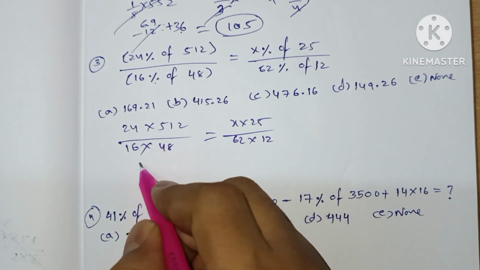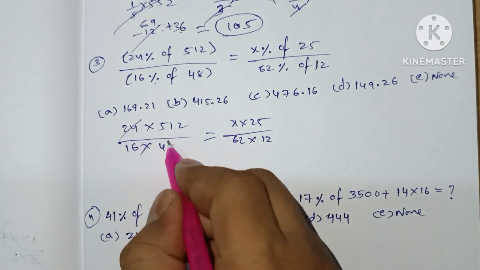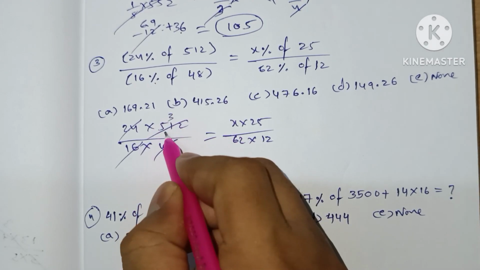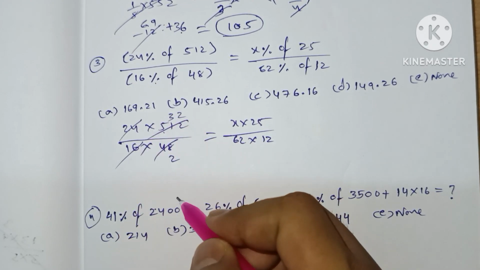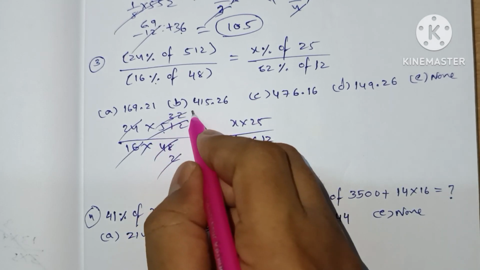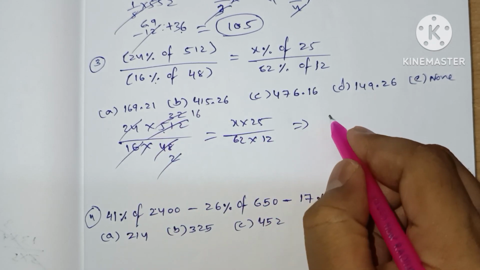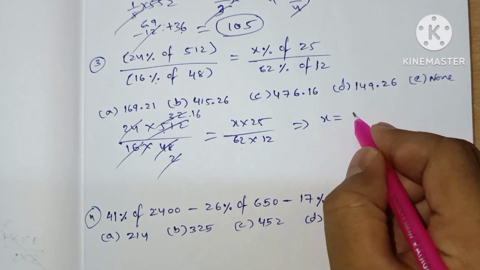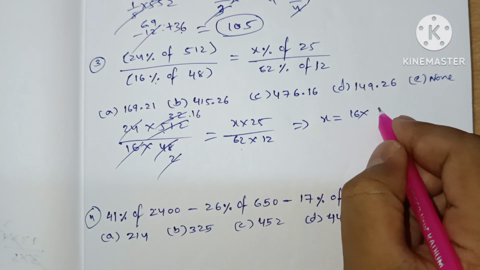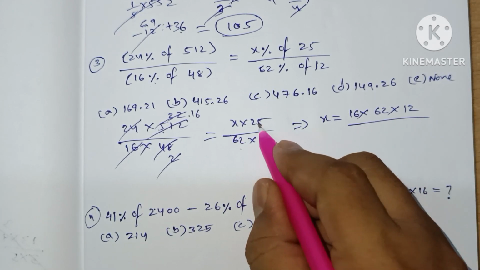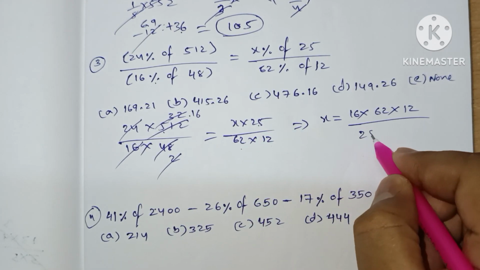Now 24, 2 times 16, 3 times 48, and 2 times 32, 2, 16 times. So we are left with x equals to 16 into 62 into 12 divided by 25 comes below.